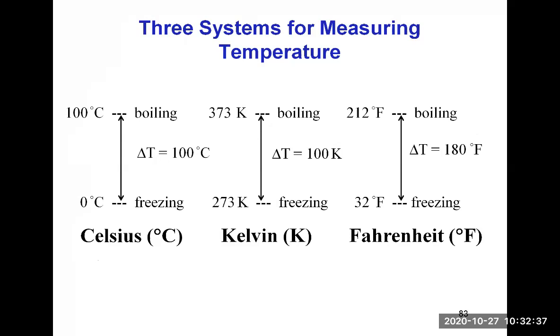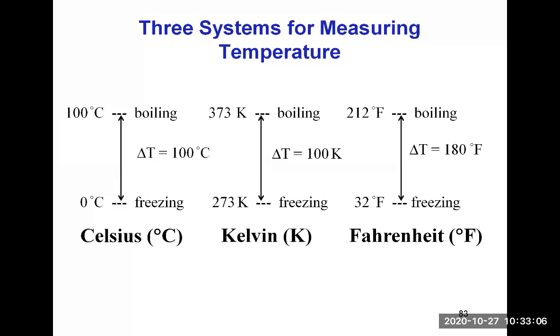And so depending on the scale, it's a different temperature. 0 degrees Celsius for the Celsius, 273 Kelvin for the Kelvin, and then 32 degrees Fahrenheit in Fahrenheit. So that's the freezing point of water. And then the boiling point of water is 100 degrees Celsius or 373 Kelvin or 212 degrees Fahrenheit.